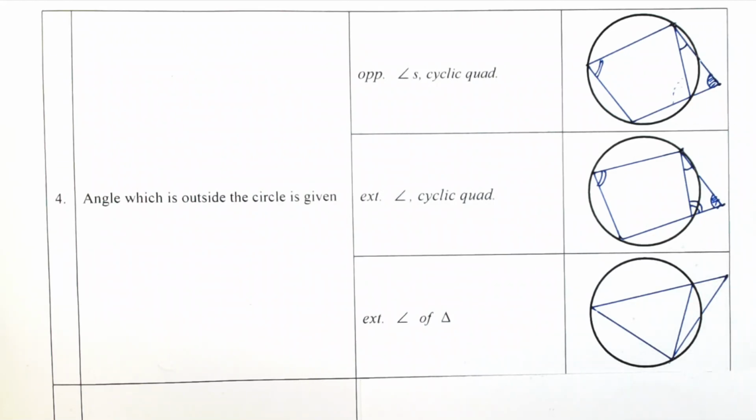And then most of the time, you are suggested to move this angle together with this to here. And then you may use the angles property in a circle to deal with this angle. Okay?